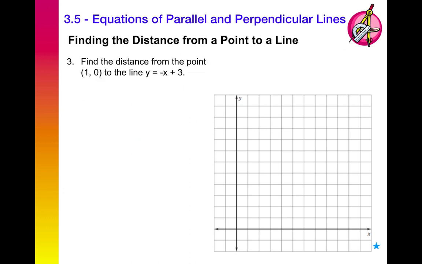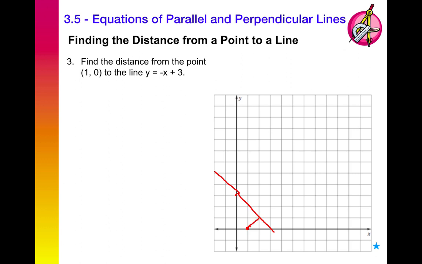Now let's find the distance from the point 1, 0 to the line. And this is going to be a little bit trickier, because what we need to do is find the point that intersects. So if I have 1, 0, 1, 0 is right here, and then I have this line, it's going to be passing through at 1, 2, 3, and then it's going to be going -1 like this.